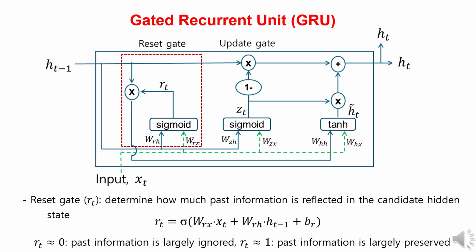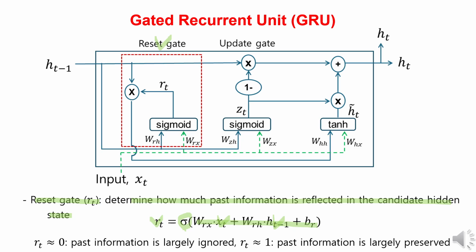Now let's take a look at the reset gate. The reset gate determines how much of the previous hidden state is reflected in the candidate hidden state. If you look at the equation, we multiply the current input x sub t and the previous hidden state h sub t minus 1 by their respective weights, and then pass the result through a sigmoid function. The value of r sub t falls between 0 and 1.